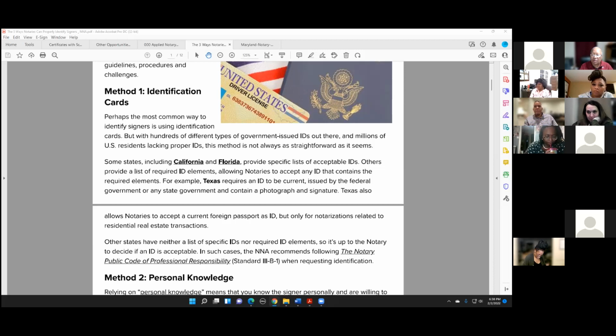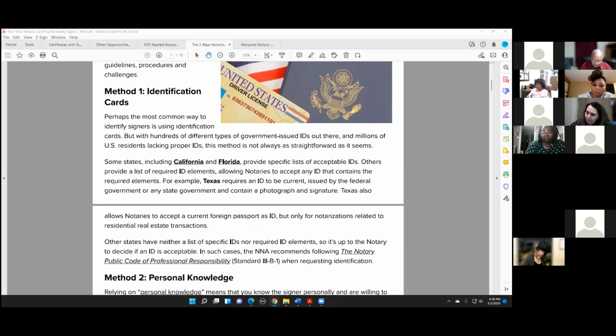With the ID cards, there are several ID cards that are acceptable to the state of Maryland. It's a passport, a driver's license, a consular ID, or a government issued non-driver's ID.